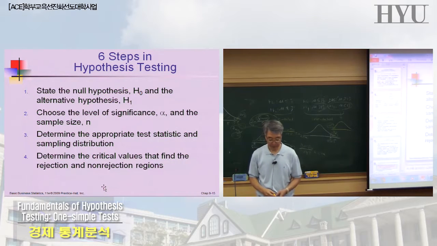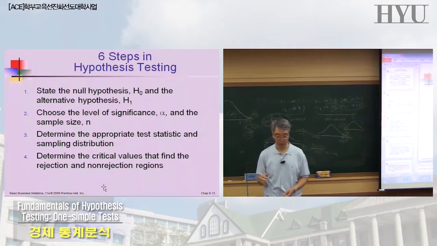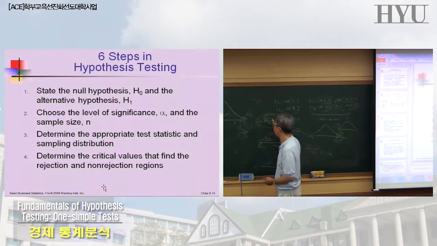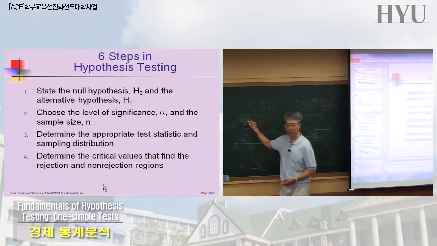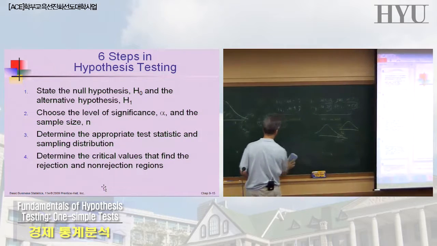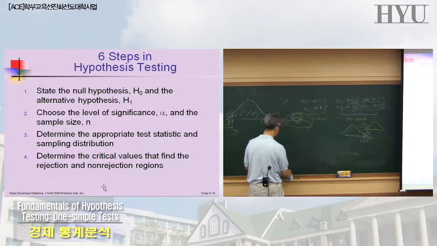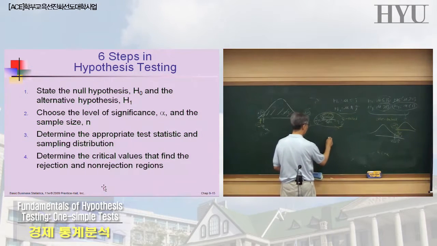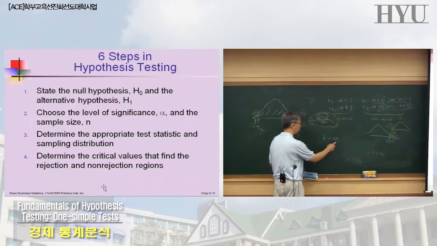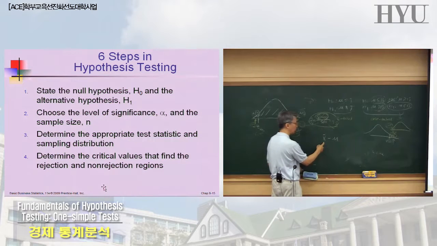So the next step is, based on your sample statistic, you have to calculate the test statistic. Again, the test statistic is the conversion into the standard normal value, the z-score, of the distance between the sample mean and population mean, right? So make sure you get this clear, intuitive understanding. From the beginning of this class, I told you that what matters is the difference between somebody's claim about the population mean and your sample result, right?